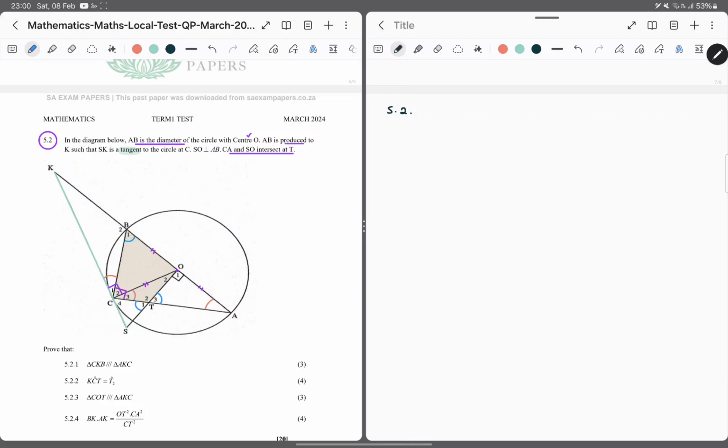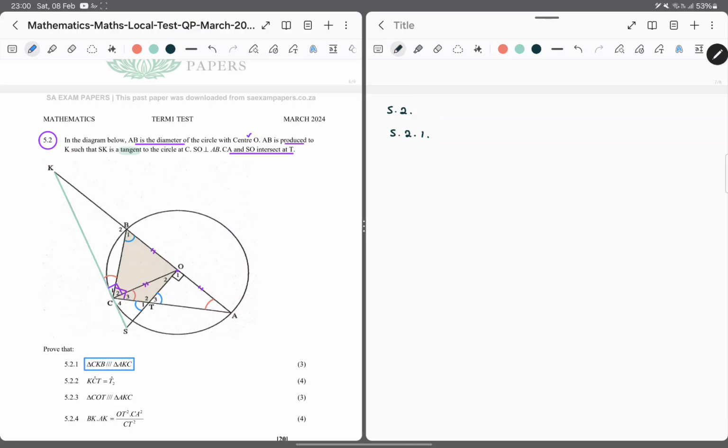At this point, the diagram looks a bit busy, so always try to keep it simple. Be able to see as many angles as you still want to, but annotate enough so that you don't struggle to make the links. All right, so we're going to go for 5.2.1. We need to prove that these two triangles are similar.